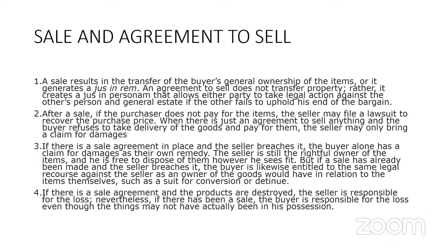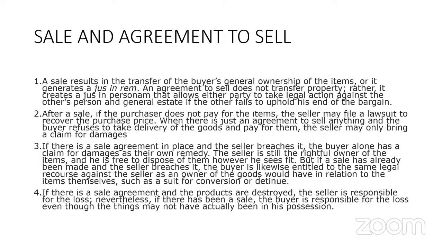So, take for example, sale has taken place and the purchaser does not pay for the items. Now, what a seller can do is file a lawsuit to recover the purchase price. But in case of agreement to sell, take for example, the buyer refuses to take delivery of the goods and pay for them. The seller may only bring a claim for damages.